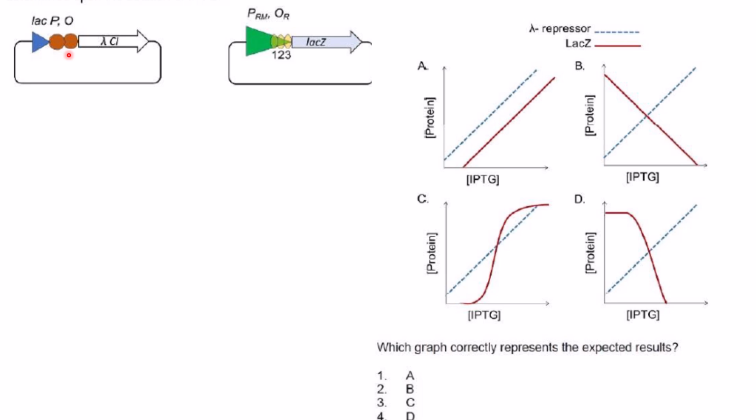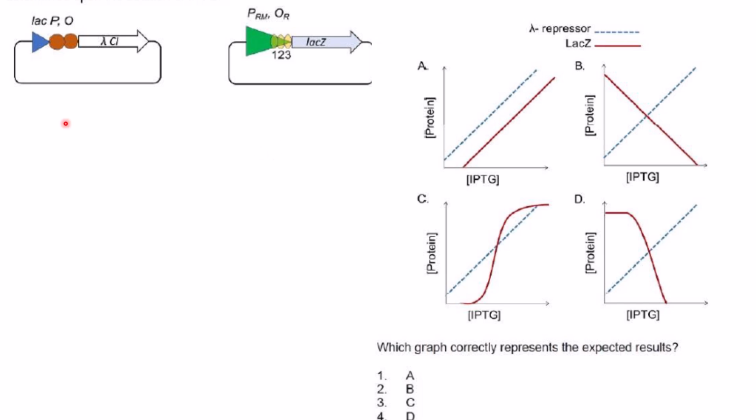So upon IPTG binding, the lac repressor will detach from the operator, and it will allow the RNA polymerase to bind to the promoter and initiate the transcription and translation of the structural genes. So here the structural gene is lambda CI. Okay. Now what will happen in your E. coli cell which has both these plasmids in it?